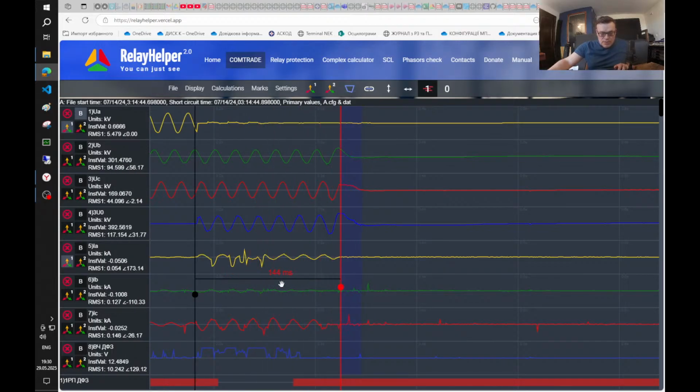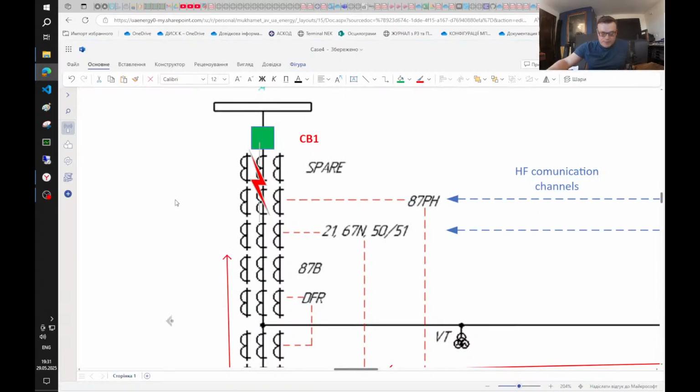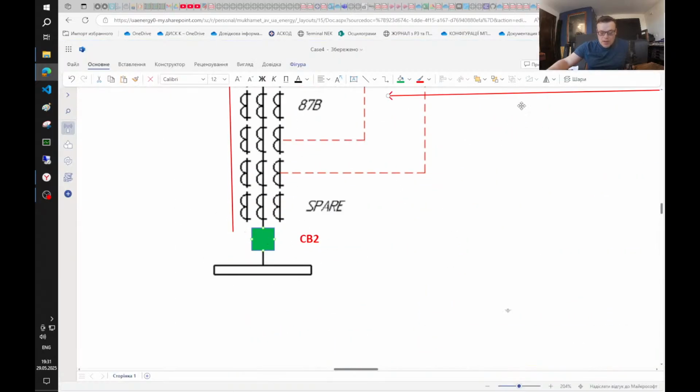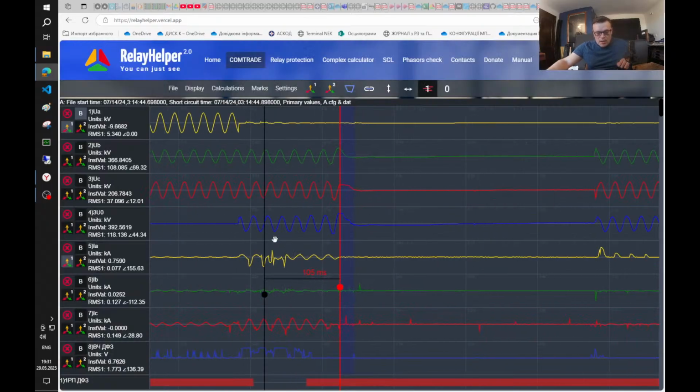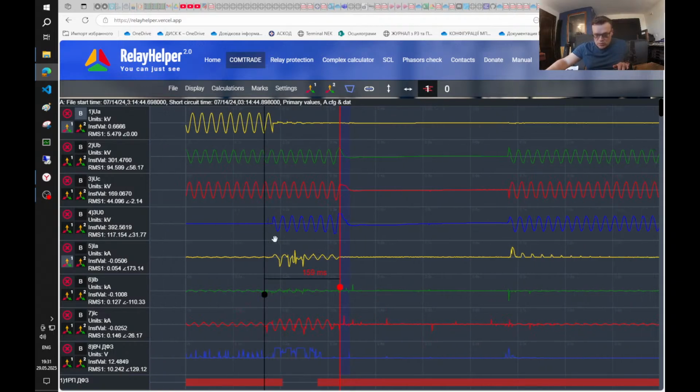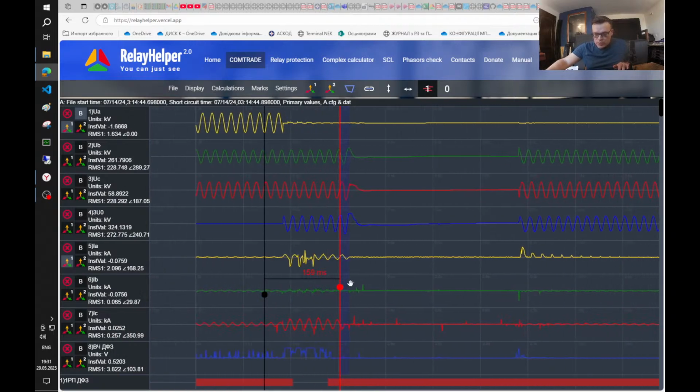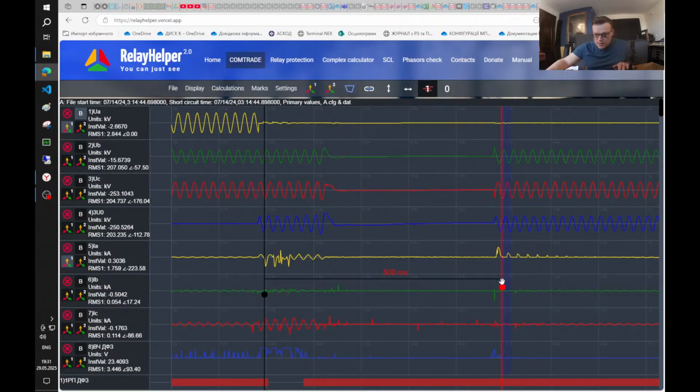And here is the tripping time of the second circuit breaker. It's about 75 milliseconds. Let's see what was next. Here this pause is because we have fast AR implemented on this substation.